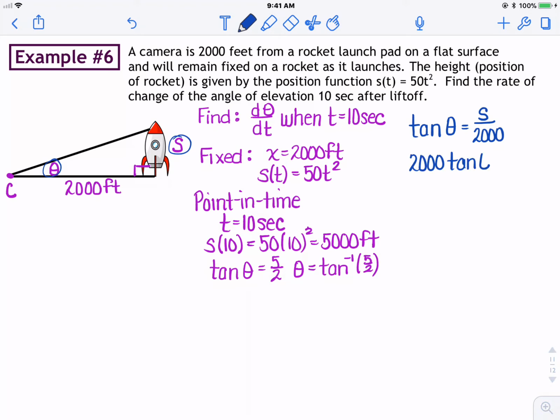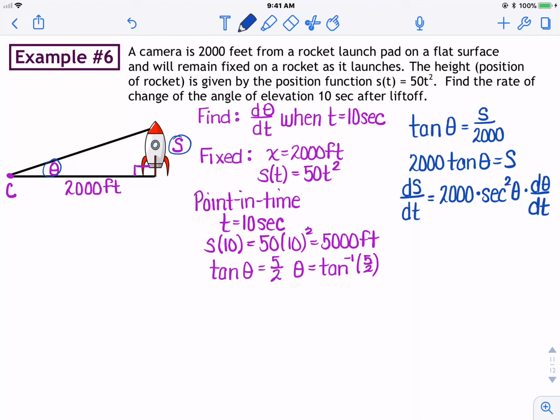So as I go to do the derivatives, and I'm going to switch sides here, ds dt, how the height is changing, I'm going to get 2,000, and then tangent of theta's derivative is secant squared. And then I still need my d theta dt.